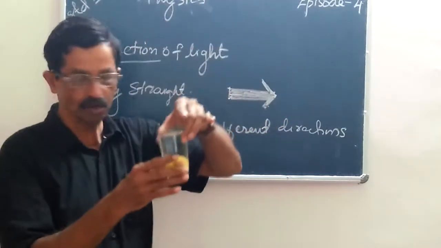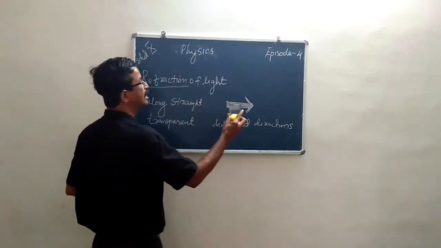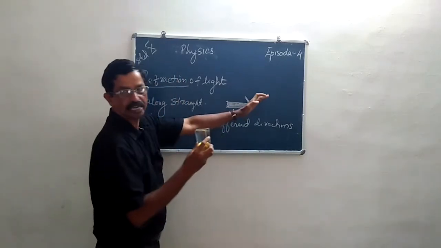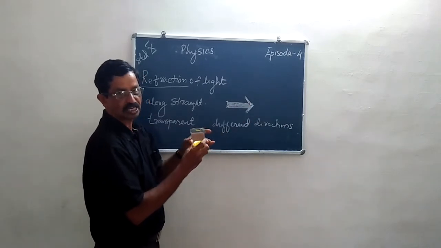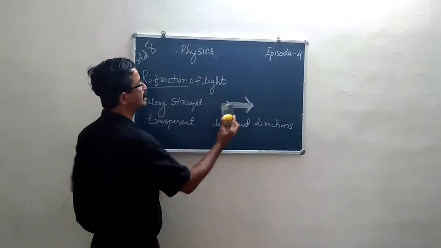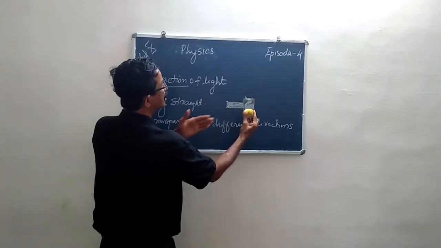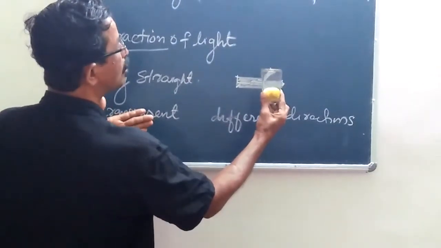Now we see one more example. If I hold this glass, this arrow mark is going from left to right. If I place this glass here with the water, you can see the arrow mark appears from right to left.